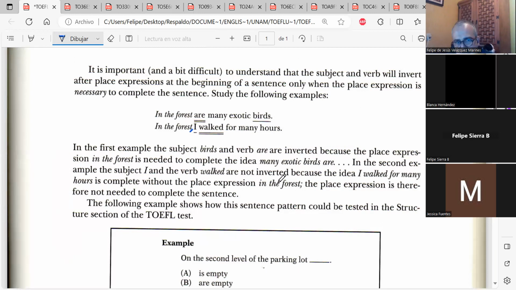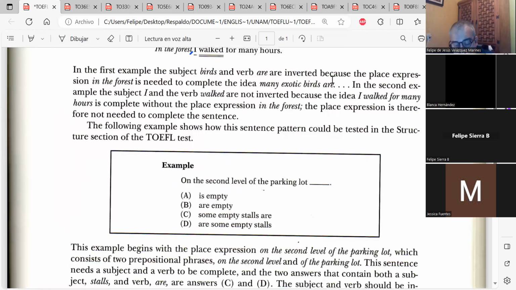And that's it. If they tell you that it's only if the information is necessary, remember that information you can omit, that is unnecessary, you can set off with commas. For me, at least, it's irrelevant to explain this. If you don't want to do the inversion, use a comma, and that's it. Okay.